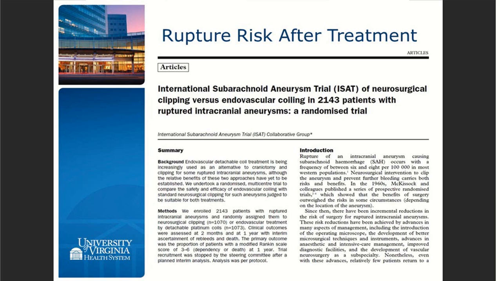But the rebleeding rates at 1 year for the endovascular arm were 2.4%, whereas in the surgical arm it was 1%. So again, this is a ruptured aneurysm cohort which we believe has a higher risk of subsequent rupture than the unruptured aneurysm. But we do have data for this in a very good randomized prospective trial.